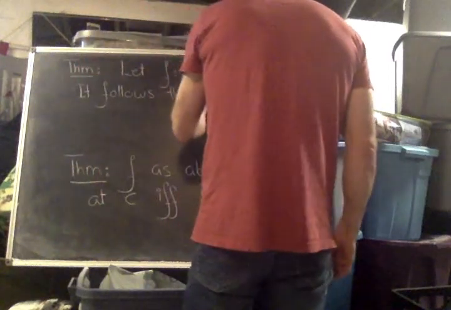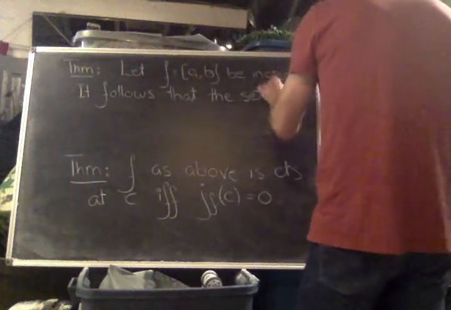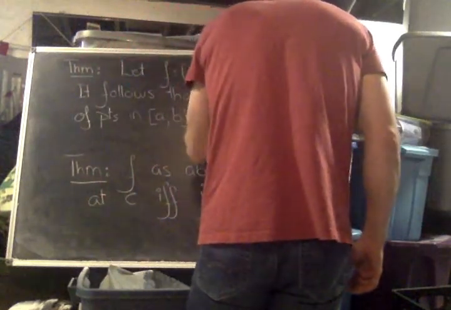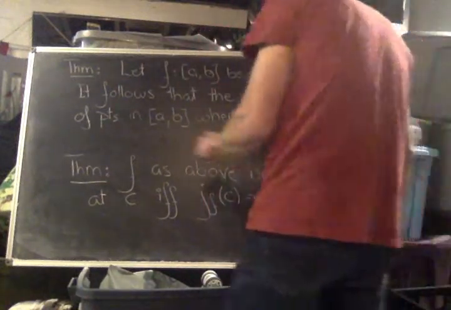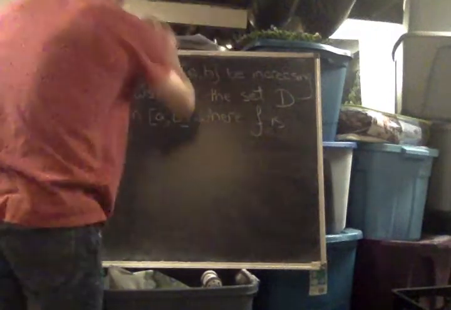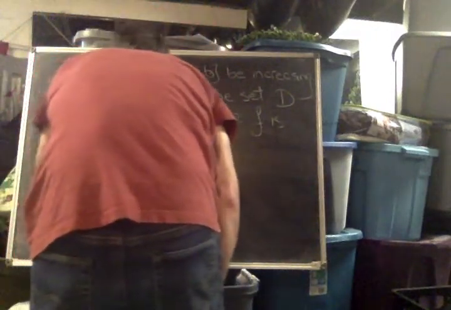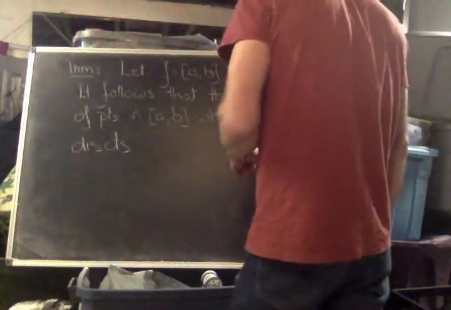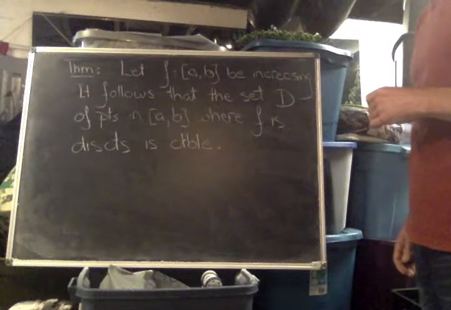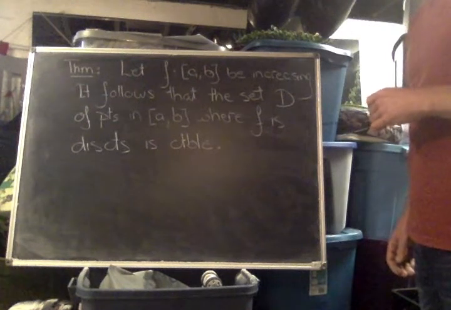It follows that the set, call it capital D, of points in the interval AB where f is discontinuous, is countable. Which is kind of interesting.